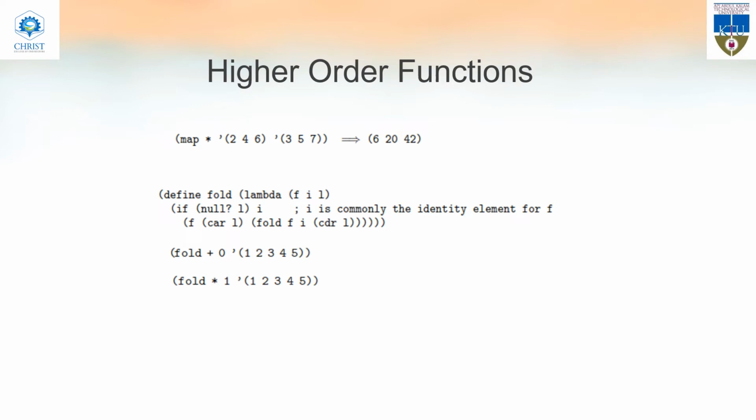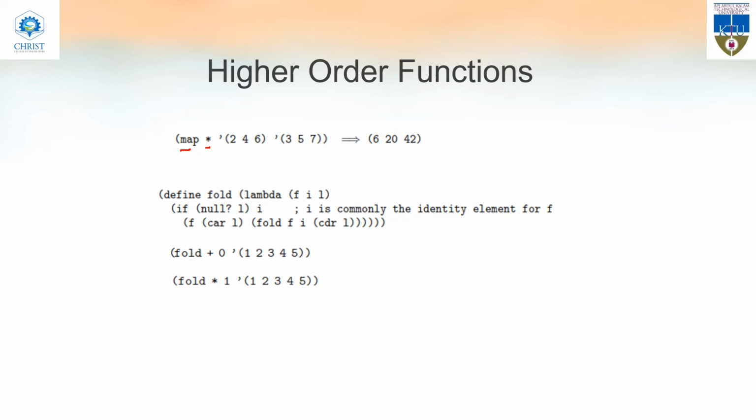Next important topic that you need to deal with is higher order functions. Higher order functions are more complex functions that are used in Scheme language. One example of a higher order function is map. In map there will be an operator, and that operation will be executed for the corresponding elements of two lists.